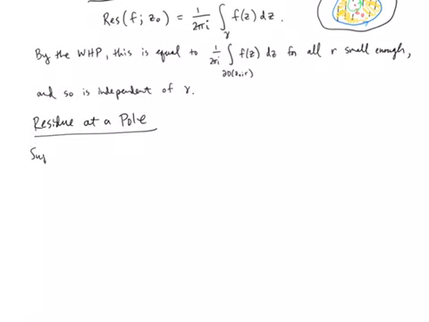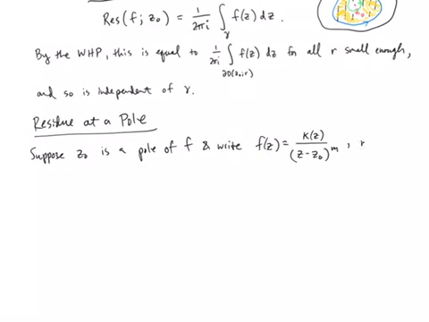Suppose z0 is a pole of f, and write f of z equals k of z over (z minus z0) to the m, where m is greater than or equal to 1, and k is analytic.